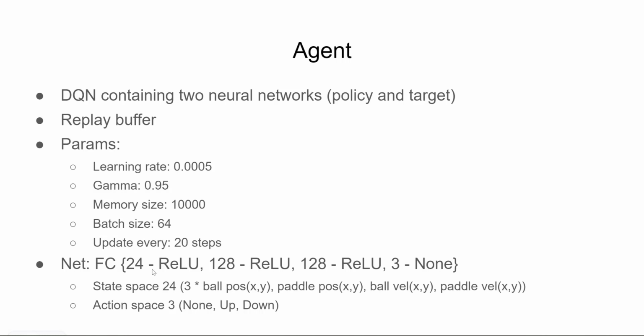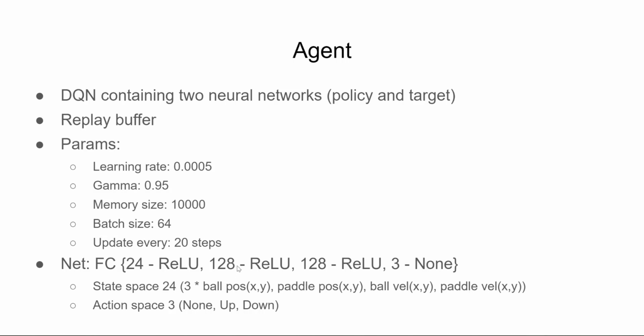I mean, we can call that 3 instead of 4. So with an input of 24 variables containing the state space, as you can see over here, a stack of 3 frames containing the ball position, pedal position, ball velocity, and pedal velocity.